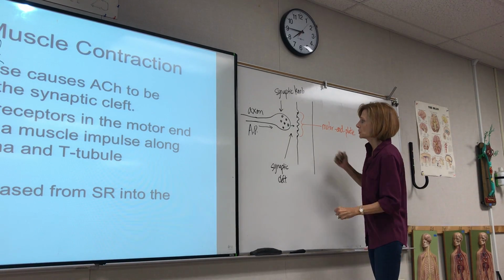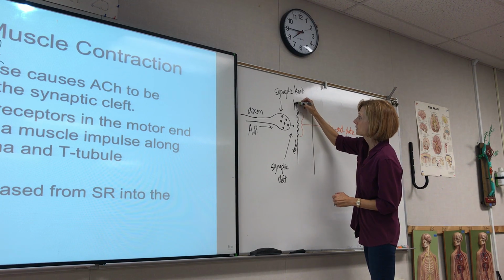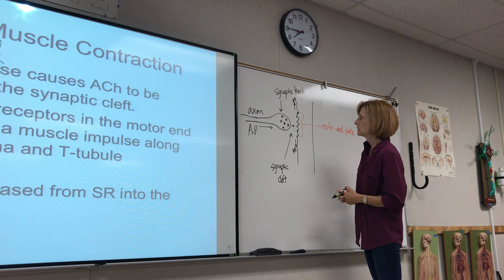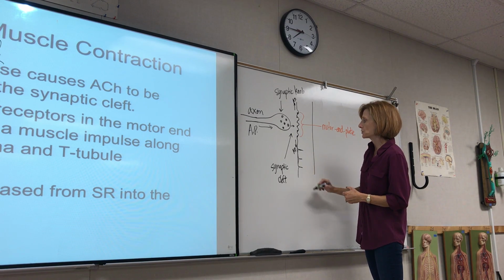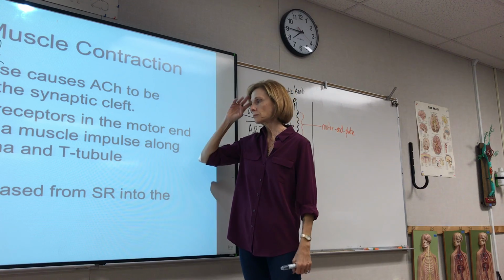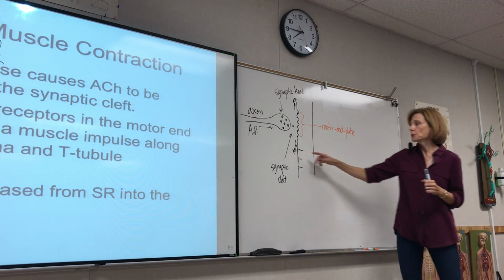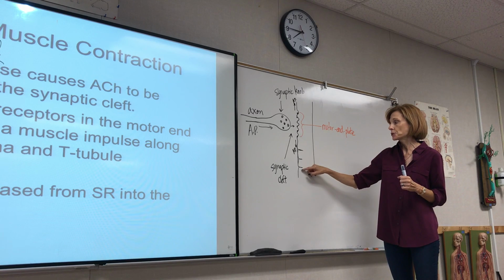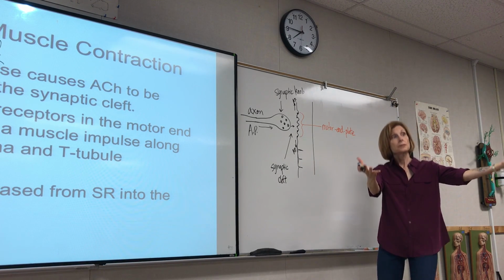So the action potential will spread in both directions along the sarcolemma, and it will go down the T-tubules. Remember, they carry the action potential down inside the cell. Remember that on either side of the T-tubules, we have the little sacs called terminal cisterns. Terminal cisterns store calcium.